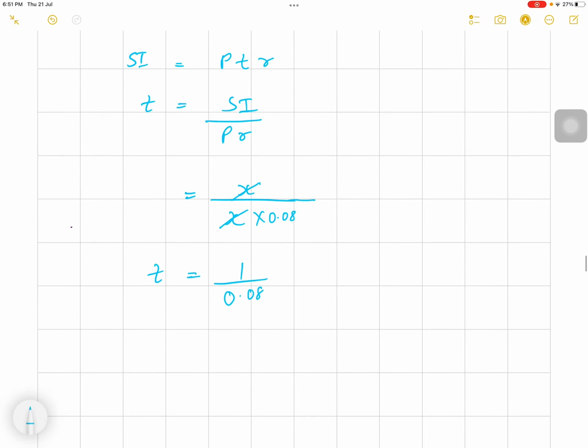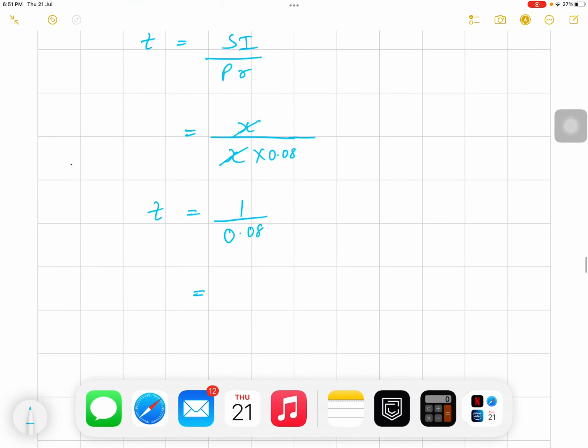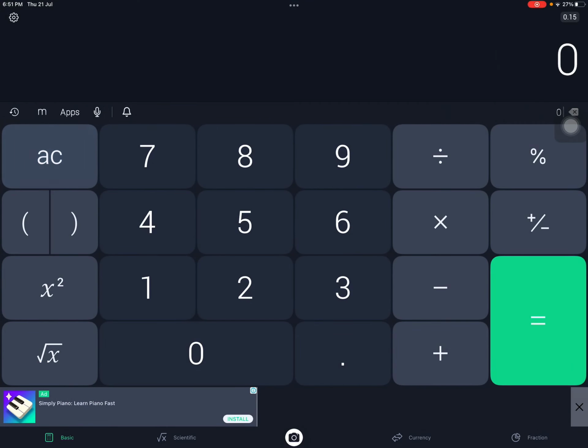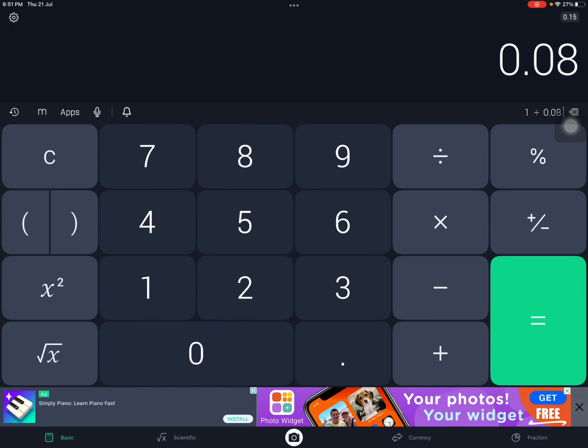When you do 1 divided by 0.08, you get 12.5.